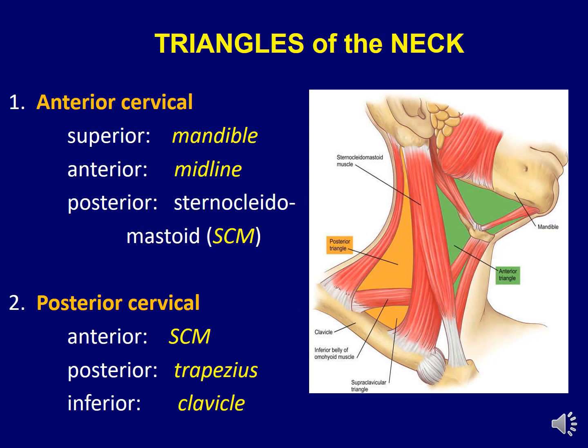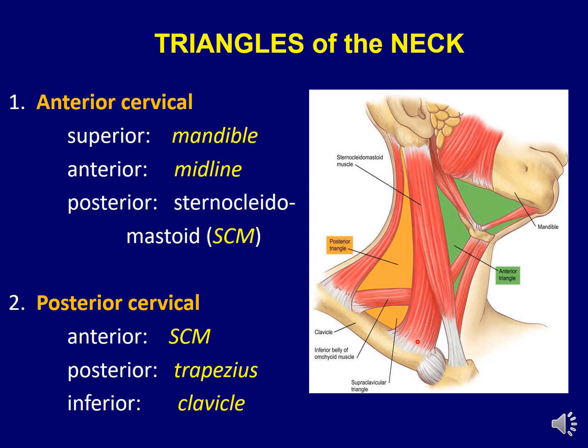We proceed now to the triangles of the neck. The neck is mainly divided into the anterior cervical triangle, this one, and the posterior cervical triangle, this one, by the sternocleidomastoid muscle.